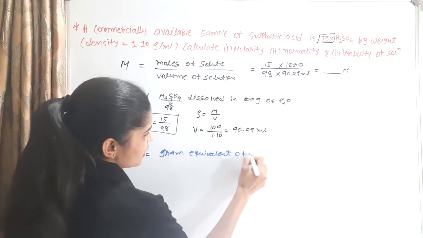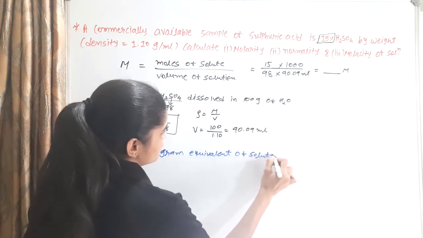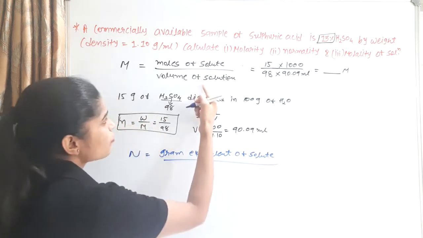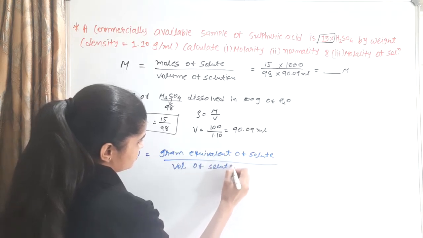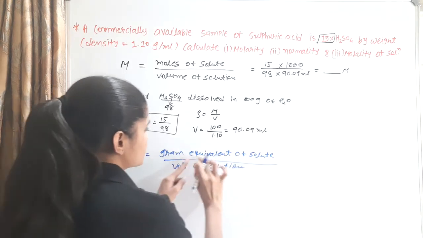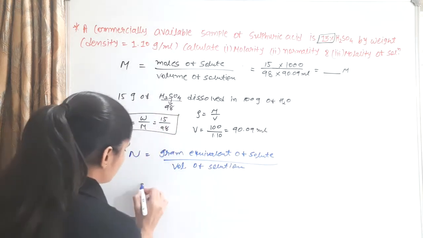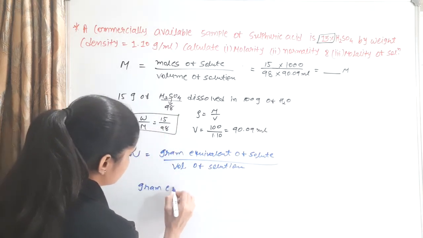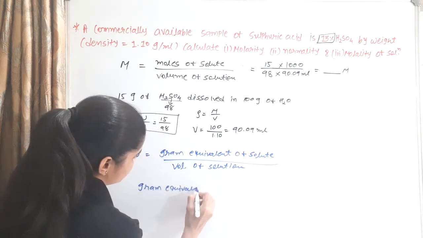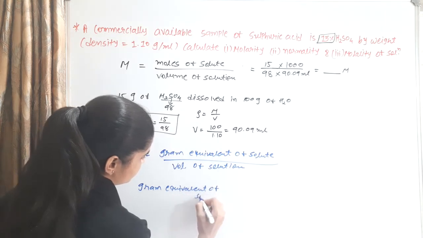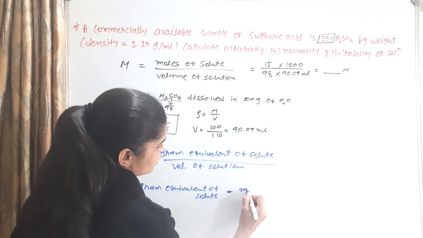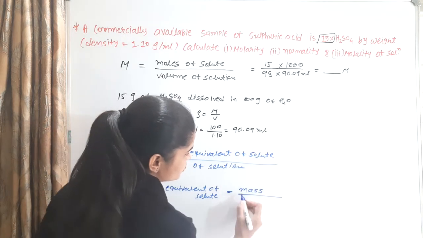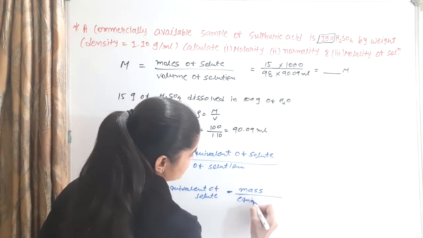We know that normality is equal to the number of gram equivalents of solute divided by the volume of solution. First we find the gram equivalents of solute. Gram equivalent is equal to mass upon equivalent mass.